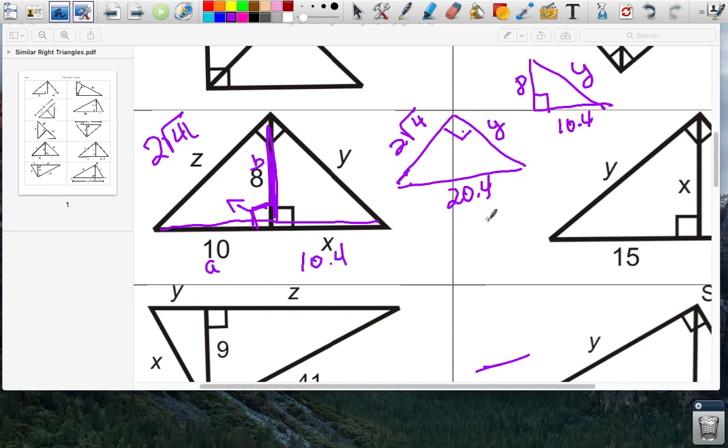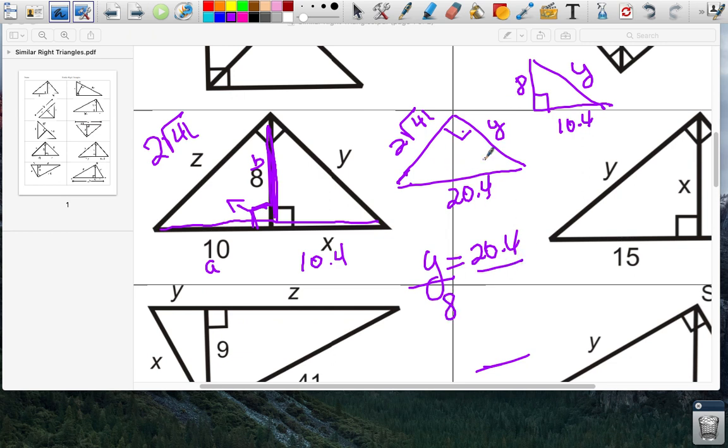So pick any two sides. Let's set up. On this triangle, y corresponds to 20.4 on this triangle, hypotenuse and hypotenuse. The short side, 8, corresponds with, which one is the short side?